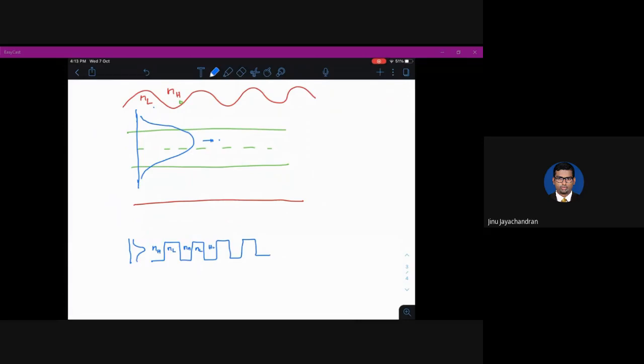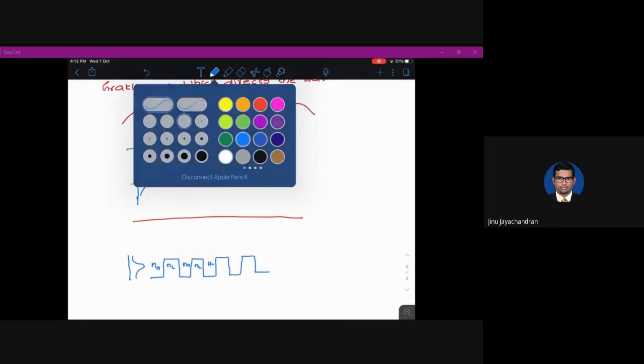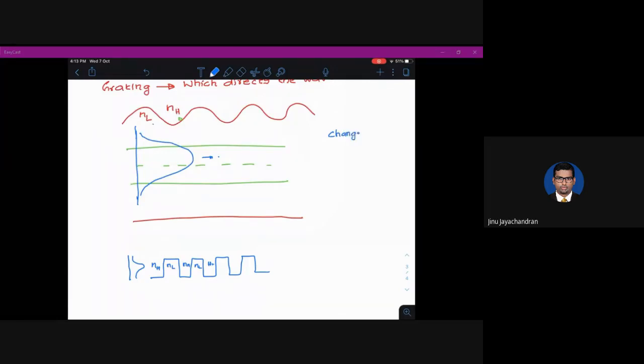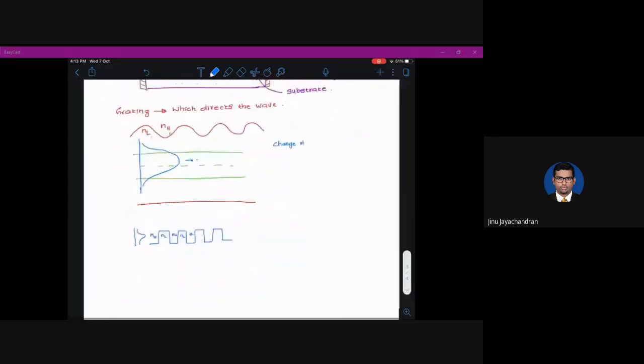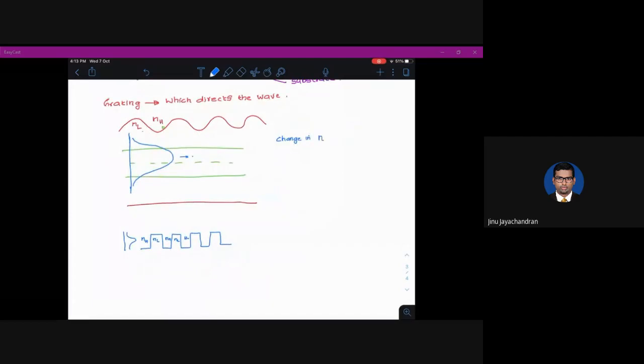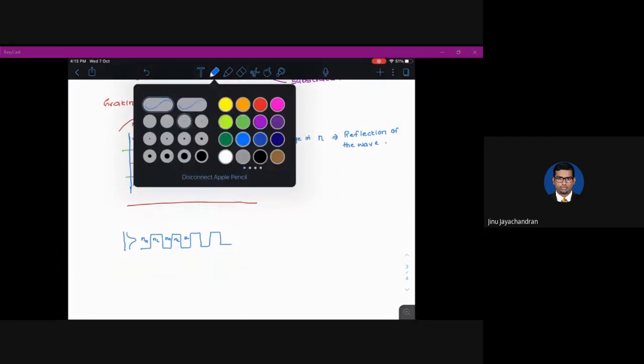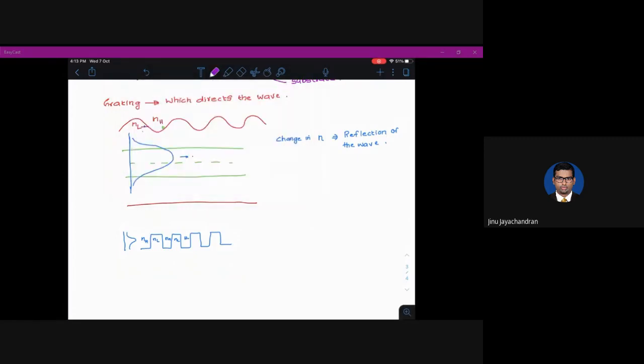So whenever there's a change in refractive index n, there will be a reflection of the light. So there will be reflection of the wave at each of these troughs and peaks, like this.